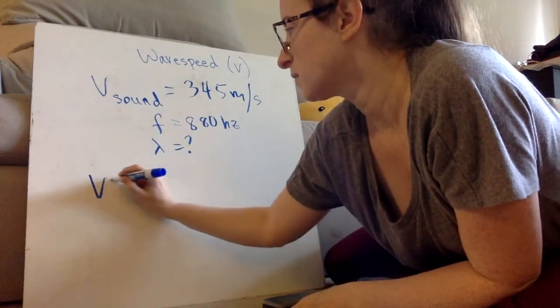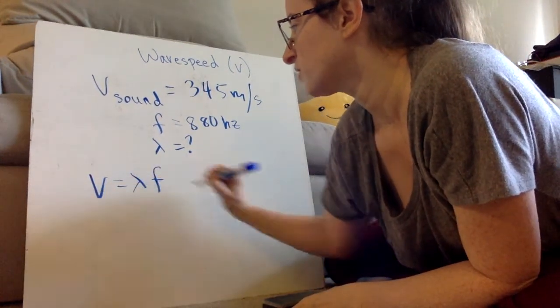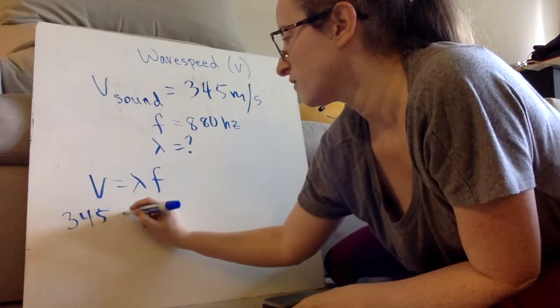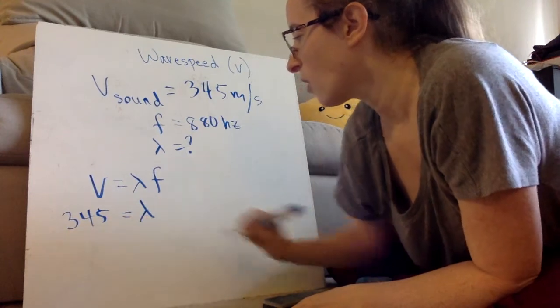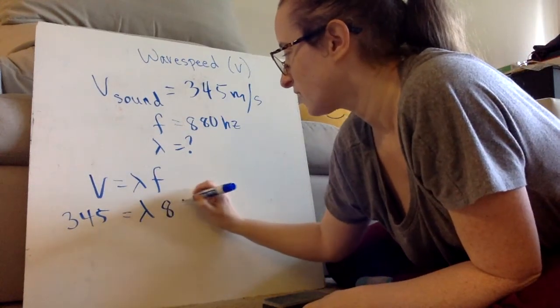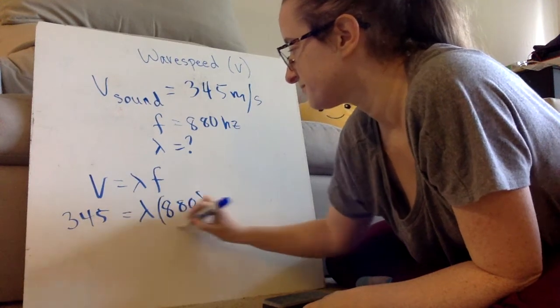Our equation is going to be V equals wavelength times frequency, where V is 345. The wavelength we don't know, so we're going to leave it alone, and then we're going to substitute in 880 hertz.